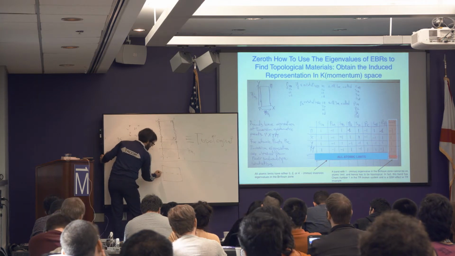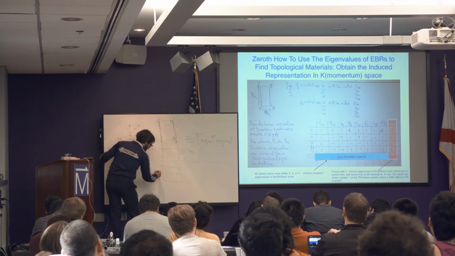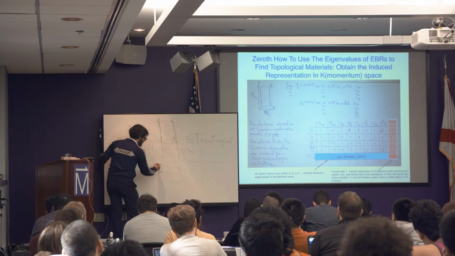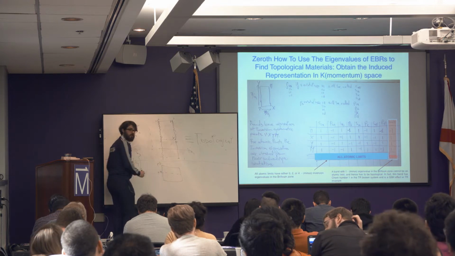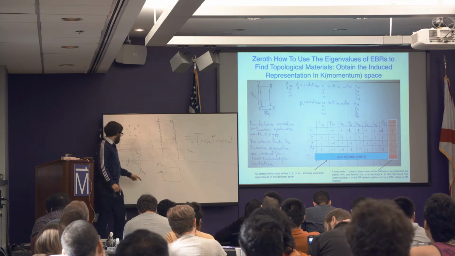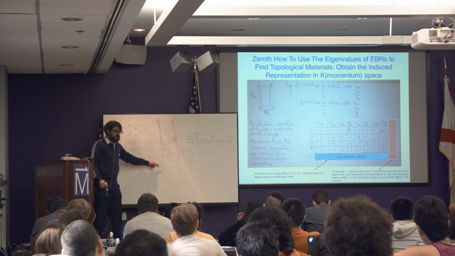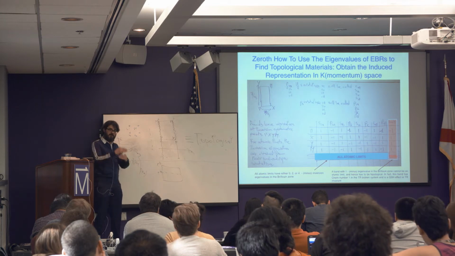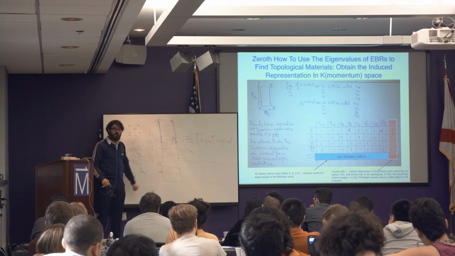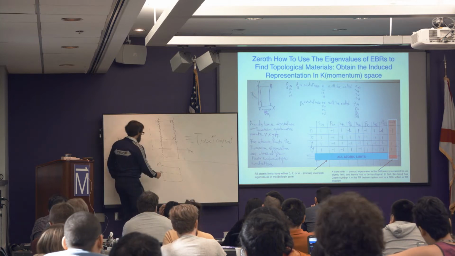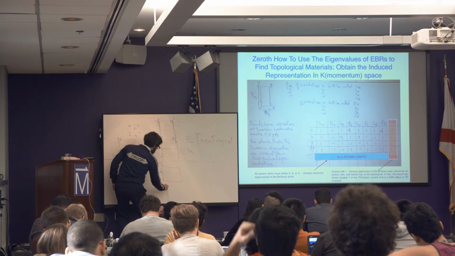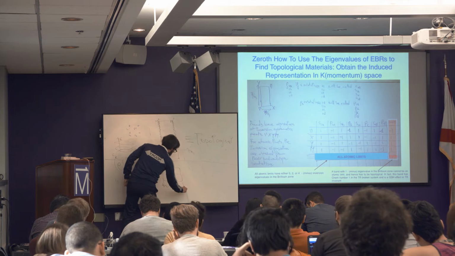So this is e to the i times 0, or 1. This is e to the i times pi, right? These are the eigenvalues, or 0 and pi, or 1 and minus 1, right? It's a unitary matrix, so it has to be. It's defined as e to the i times something mod 2 pi. Okay, and this is here at kx equals 0, and this is here at kx equals pi.